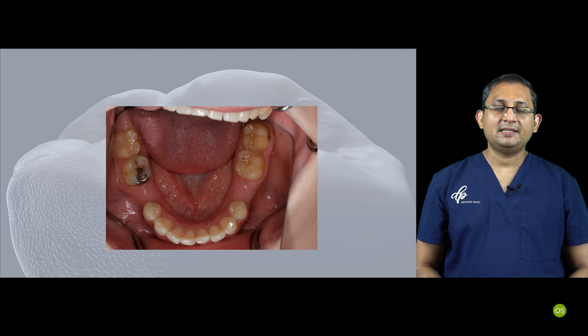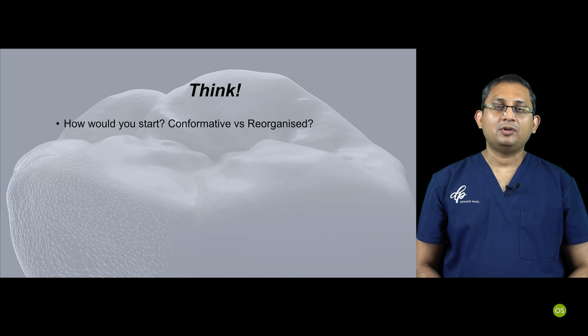So when you look at this case, you need to think, how are you going to treat it? Are you going to conform with the patient's own dentition and just do two veneers? Or are you going to reorganize and do full arch restoration? If you're mounting models, what would you do?